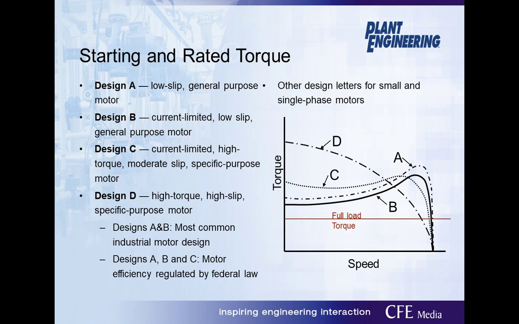It is worth noting that NEMA Design D is the only one of the four standard design types that is not regulated by the Department of Energy to motor efficiency requirements. NEMA Designs A, B, and C are regulated and must list the nominal efficiency on the motor nameplate.